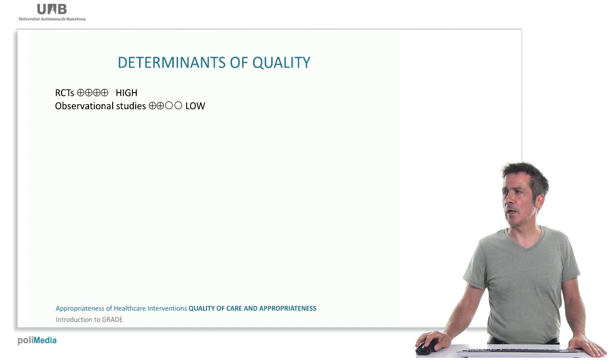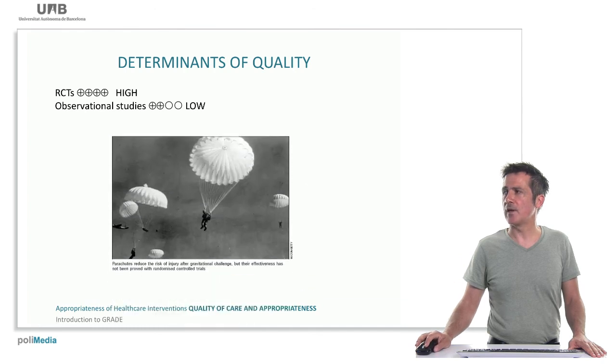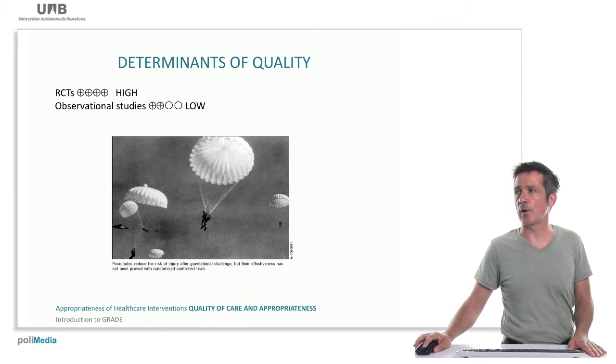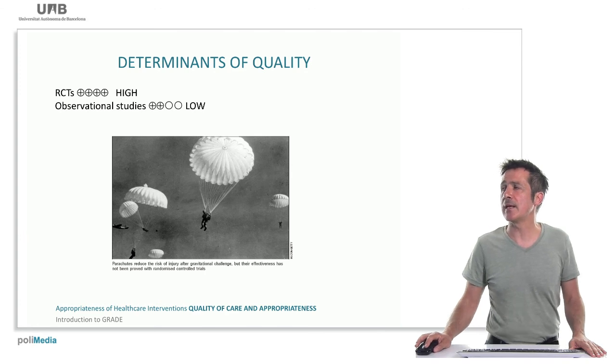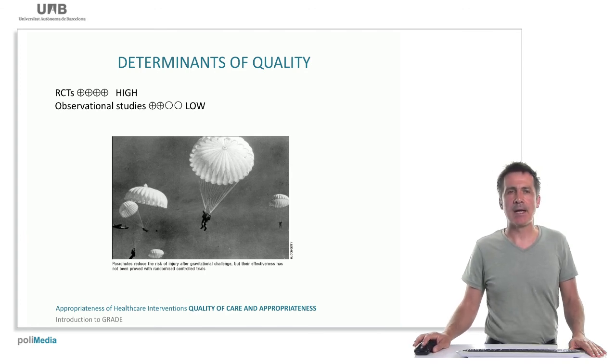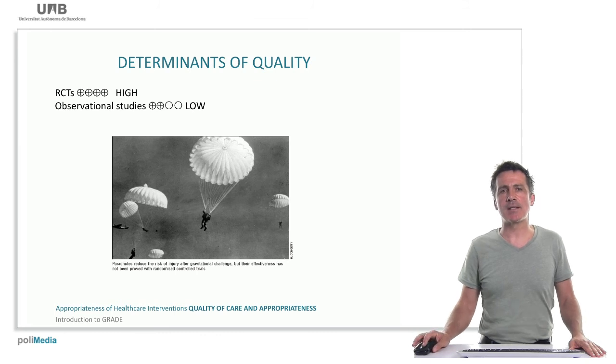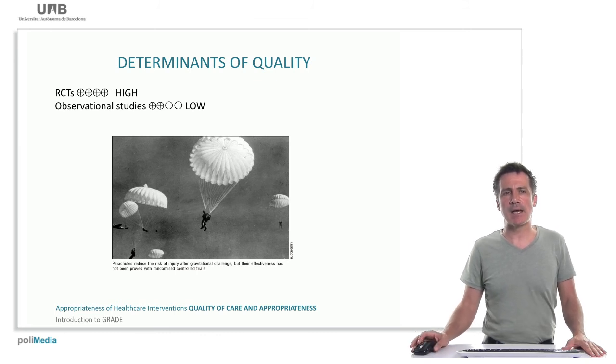I will talk now about the determinants of quality, but not for rating down the quality of the evidence, but for rating up the quality of the evidence. And that is for bodies of observational studies. One of the unique features of GRADE is that it's able to rate as high quality situations where there are no randomized trials.